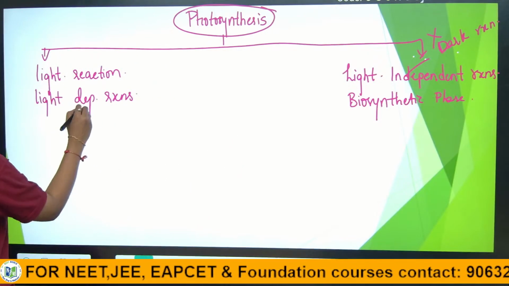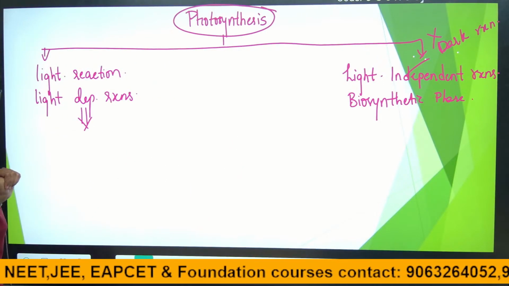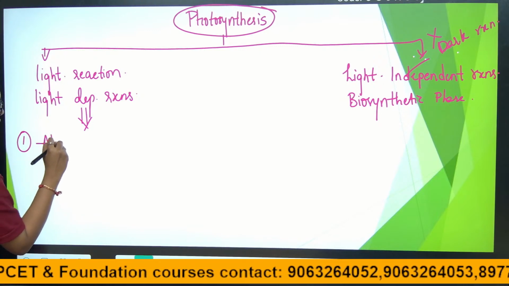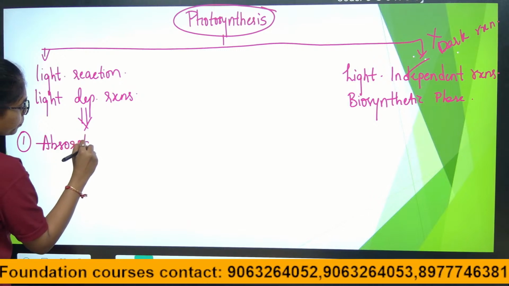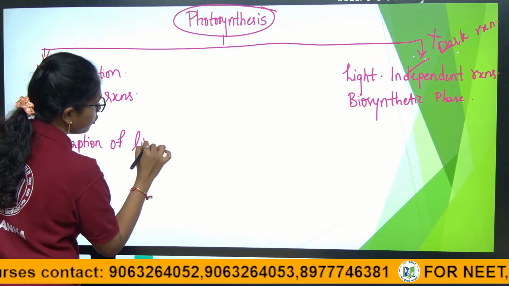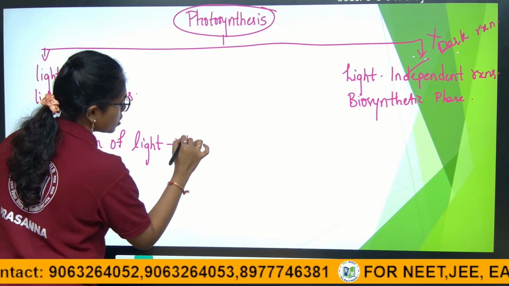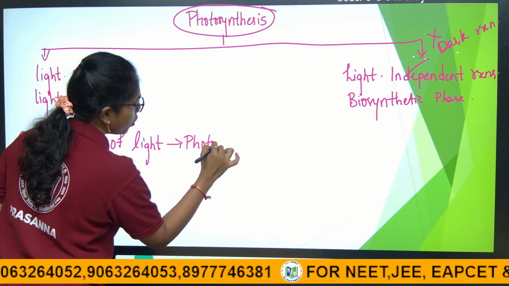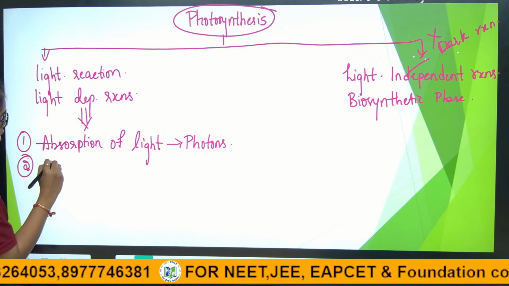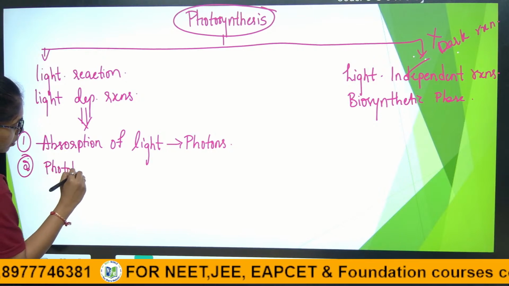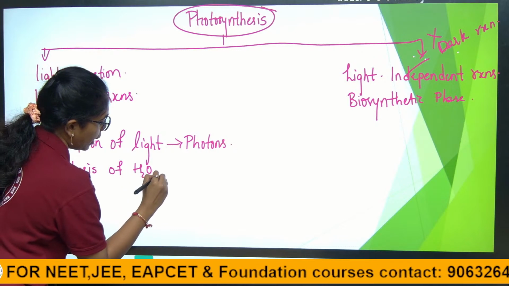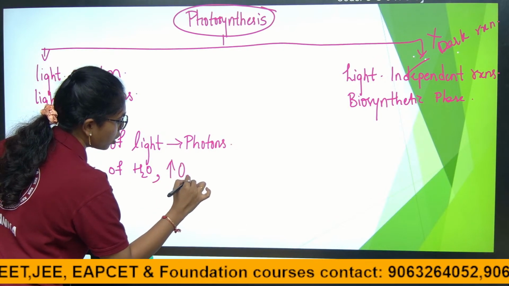What are the three successive steps that happen in the light reaction or light dependent reaction? First is absorption of light, that is sunlight, in the form of photons. Second is photolysis of water and release of oxygen.